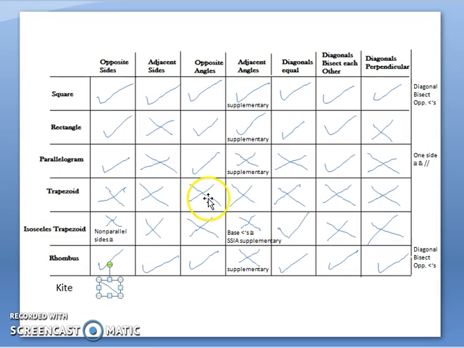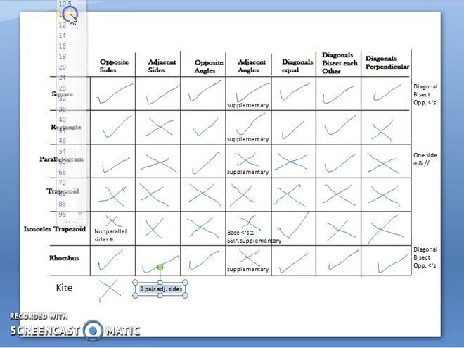Okay, so this will be an X. We have two pair of adjacent sides. So here's that two distinct pair, two pair of adjacent sides. That's going to go here. Two pair of adjacent sides are going to be congruent.